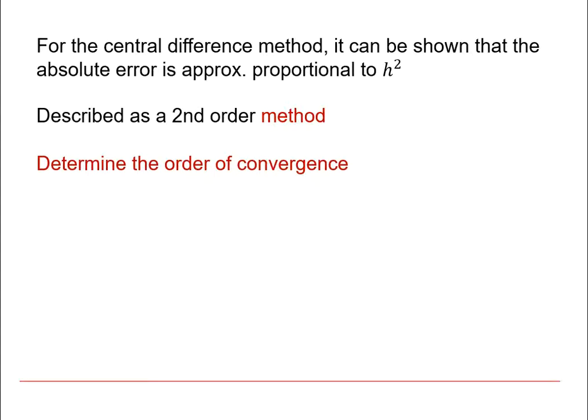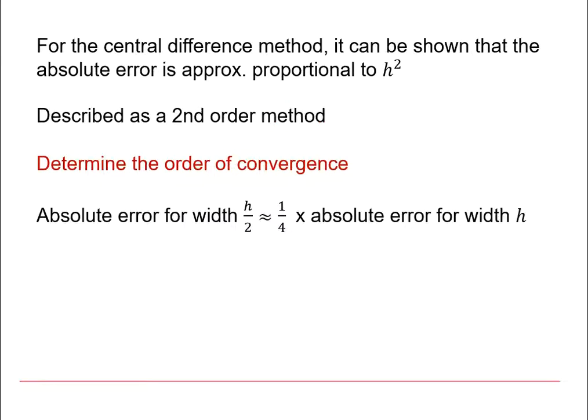And to find the order of convergence, this time it's actually the same as for the trapezium and midpoint rules, and so the absolute error for each estimate is a quarter of the absolute error for the previous estimate, and so that means we've got first order convergence again.